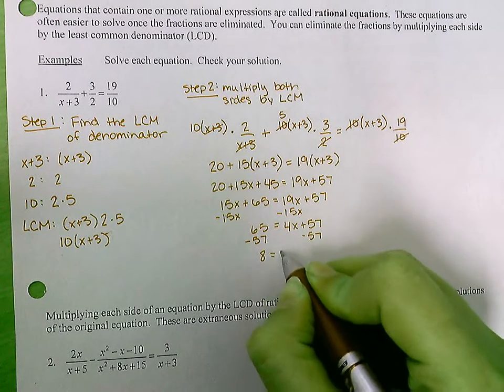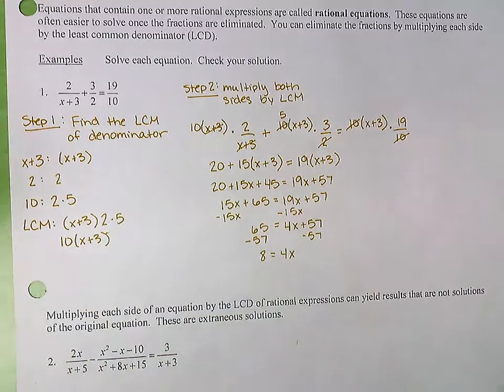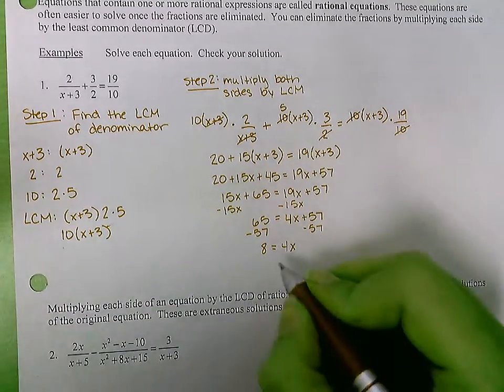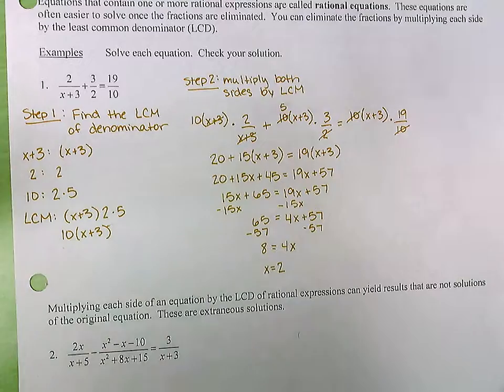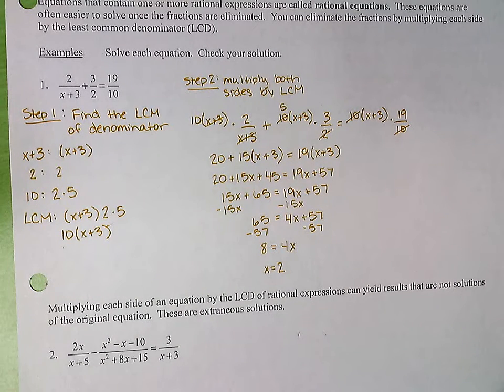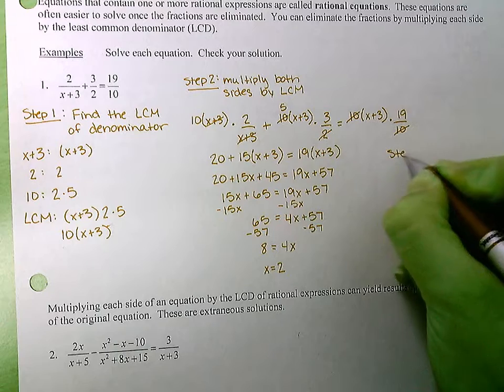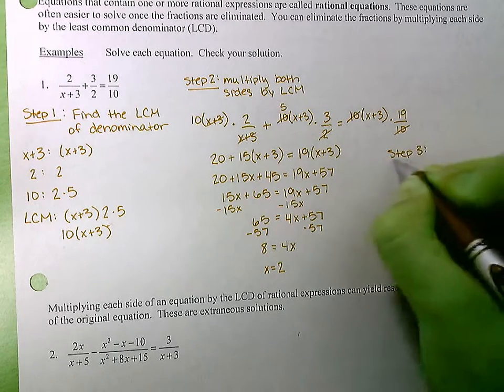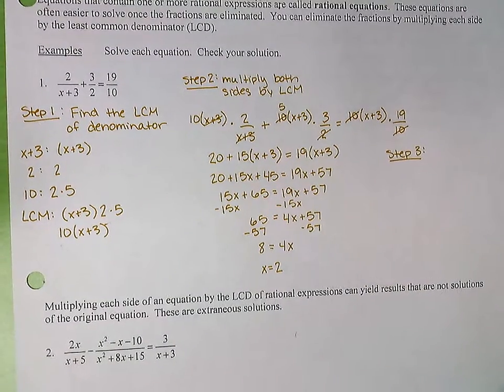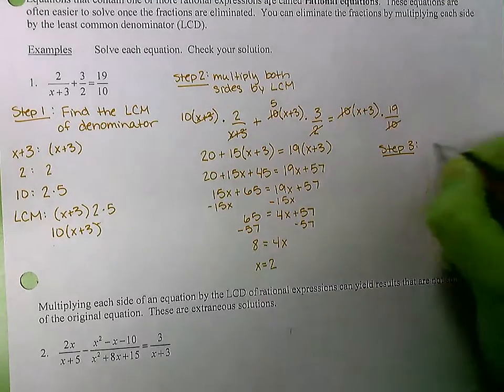I have 8 is equal to 4x. Divide by 4. And x is 2. Okay, so that was your first two steps. Your last step, so step 3, okay, is to check your solution.